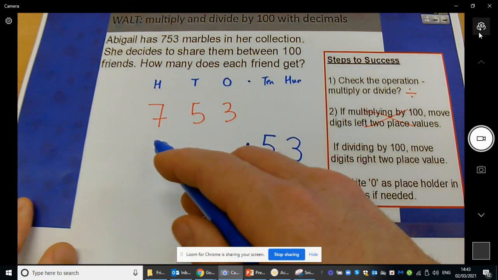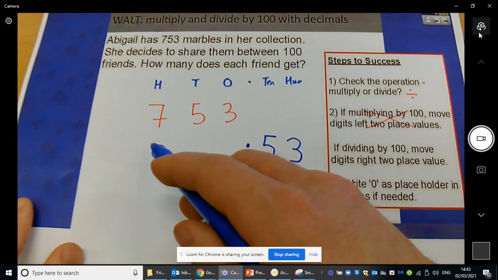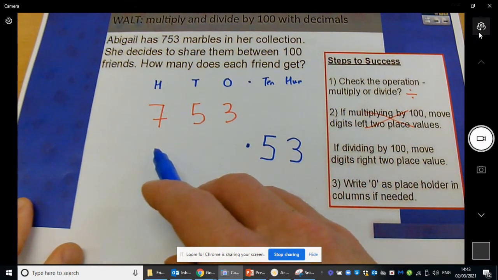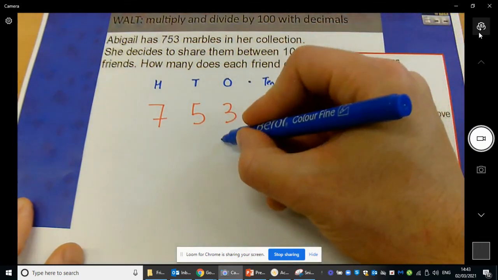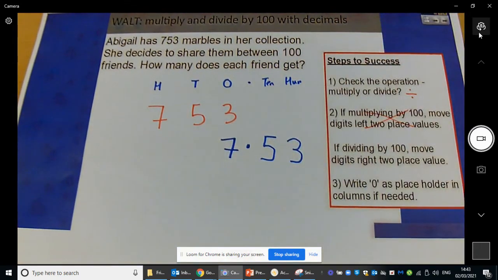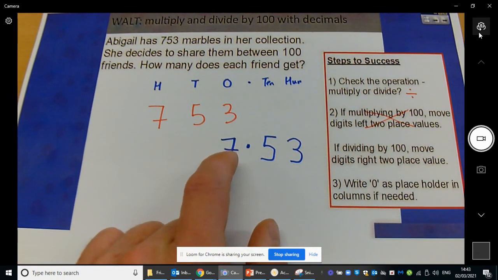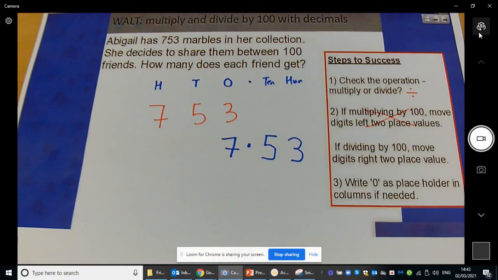And then the 7 hundredths, move it over 2 place values. 1, 2. Write a 0 as a placeholder if needed. Do we need it? No, we don't need it there. There's no need for a placeholder. So the answer will be each person gets 7.53.